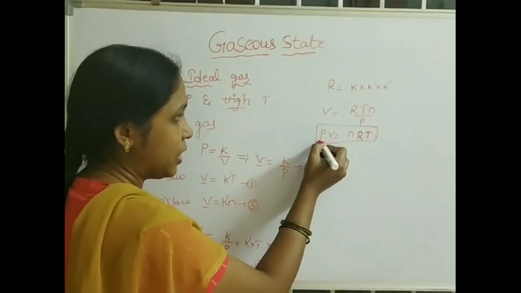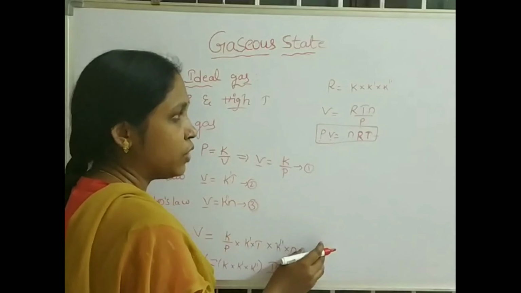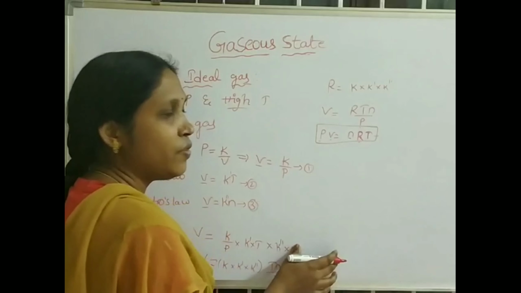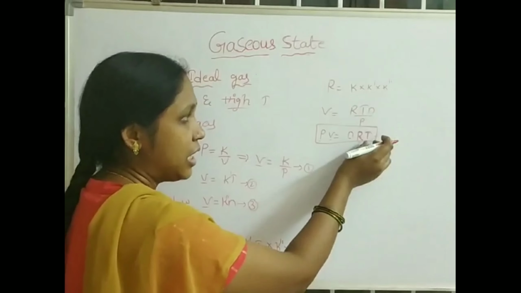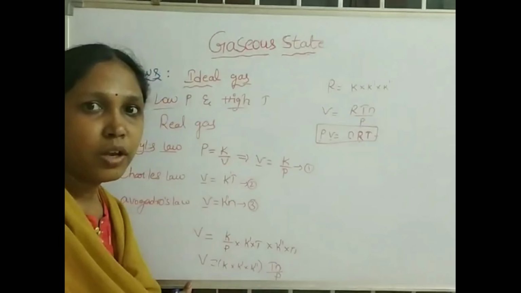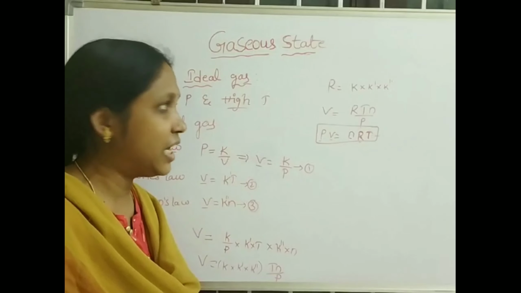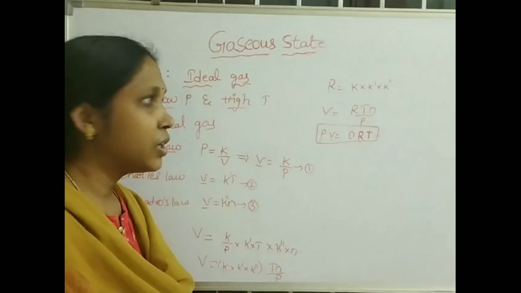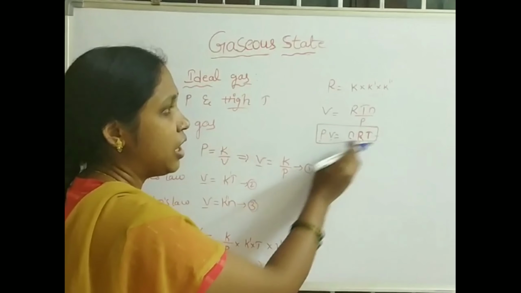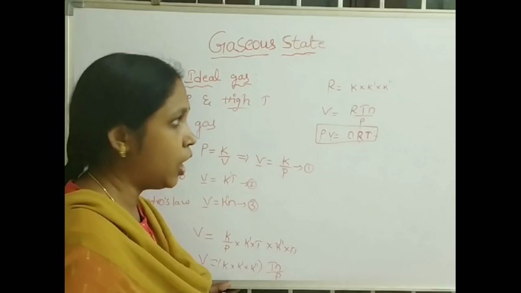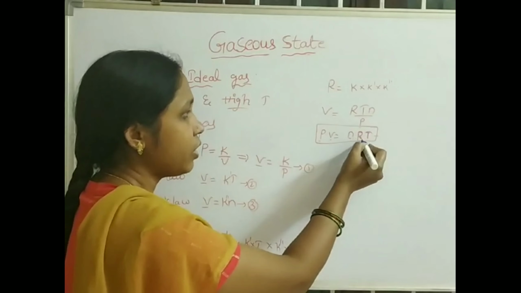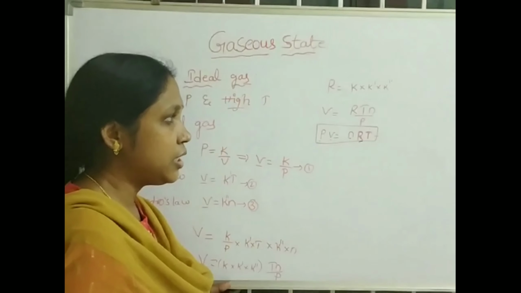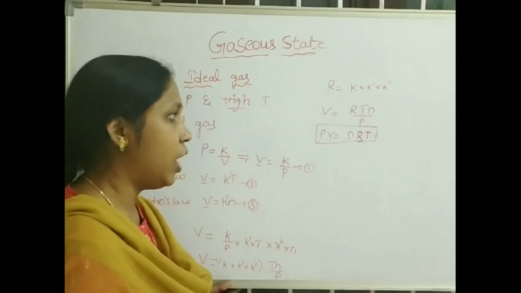Here P is the pressure of the gas, V is the volume of the gas, n is the number of moles of gas, R is the universal gas constant, and T is the temperature at which we are taking the gas. Now we will see the derivation for R and also the values of R.